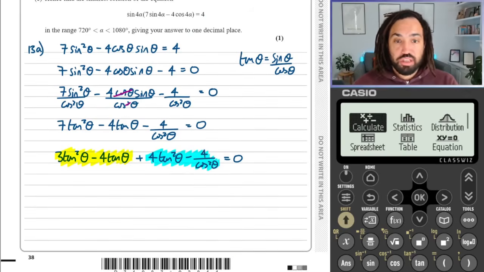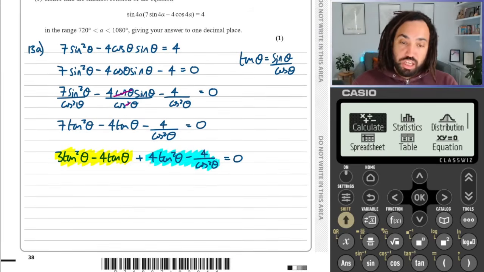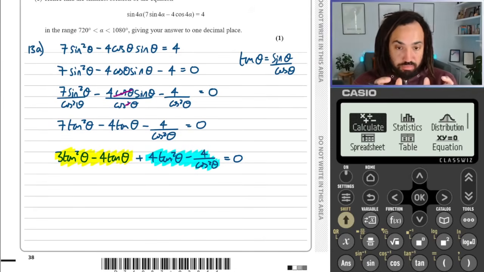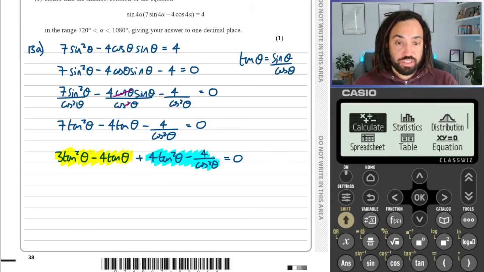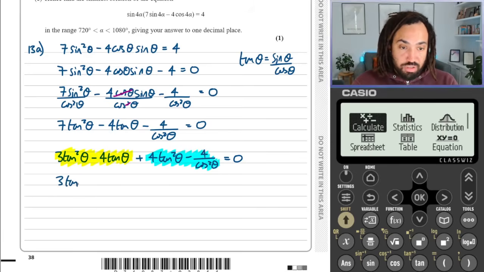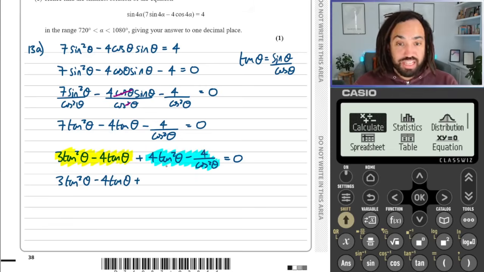Okay, so whenever you want to turn 2 things into one, or 2 fractions into one, you're going to want to make a common denominator. So you want to turn both of these into a fraction and give them the same common denominator. We can do that relatively straightforwardly, because we know that tan squared is of course sine squared over cos squared.